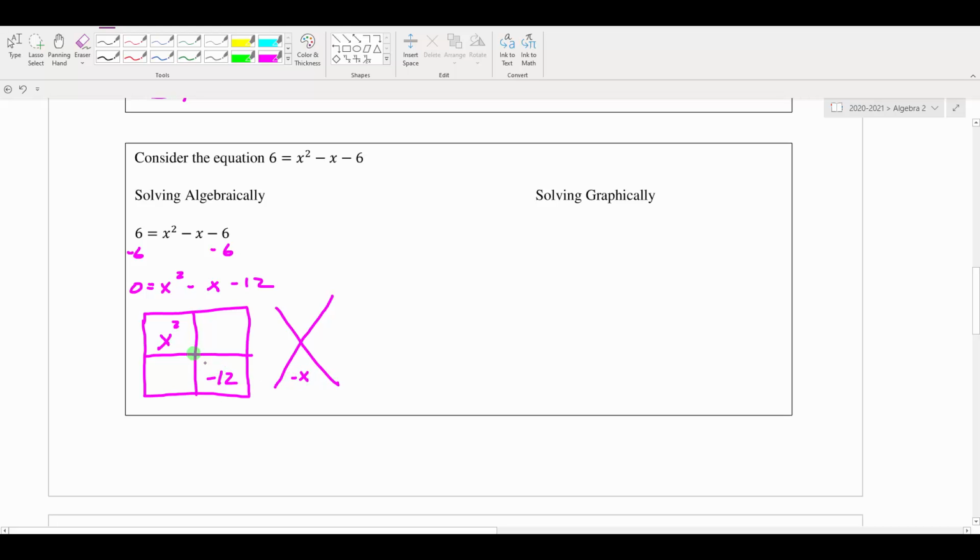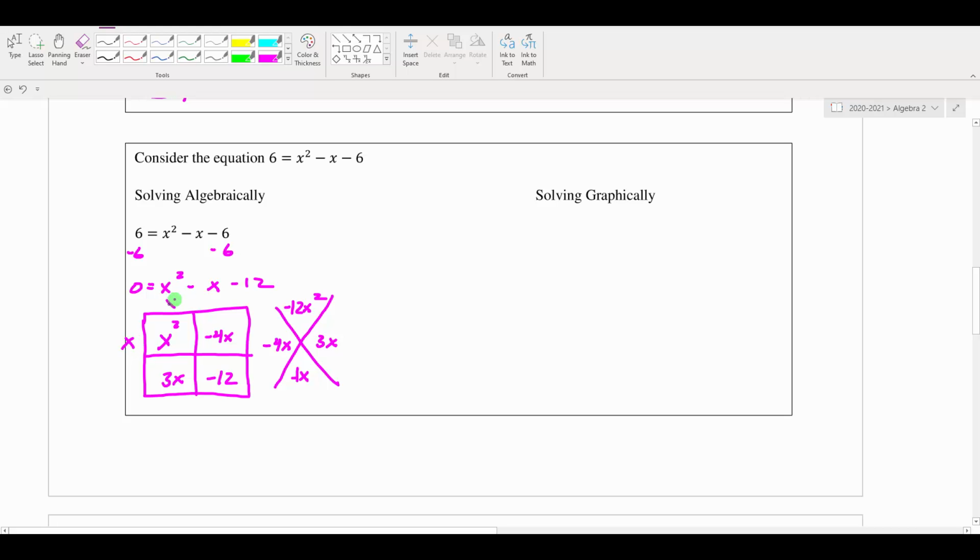I'm going to multiply to get negative 12x squared. And then I'm looking for 2 numbers, and I'll put my 1 here. I'm looking for 2 numbers that multiply to negative 12, but add to give me negative 1. So that's going to be negative 4x and positive 3x. Okay.